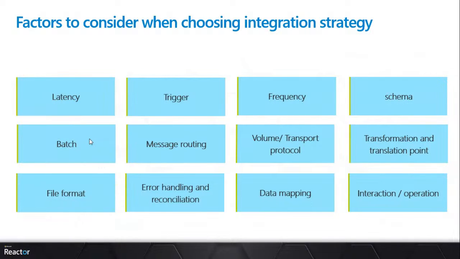So that is where error handling and reconciliation comes into the picture. All of these are not necessarily functional requirements, as I mentioned in the beginning, but should be non-functional requirements. These can be very critical factors in choosing the right strategy for your integrations.